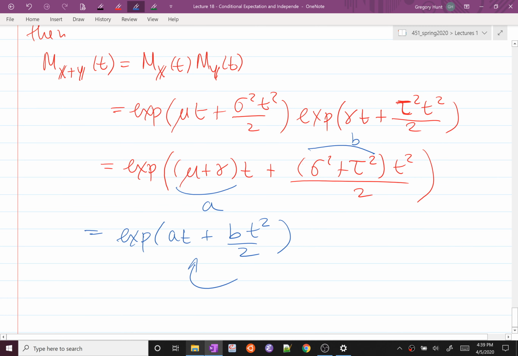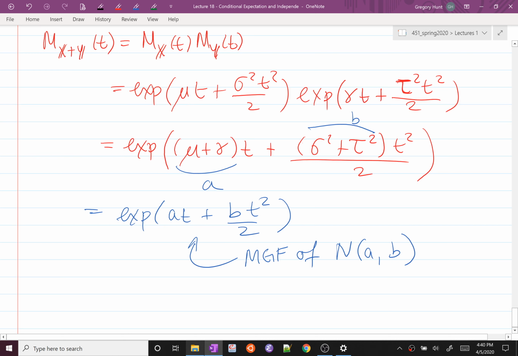And this MGF has the exact form of a normal(a, b) random variable. If you look at the formula for an MGF of a normal with parameters a as the mean and variance b, that's what the MGF is. And so what this says is that x plus y has the MGF of an (a, b) random variable. So it is distributed normal(a, b).